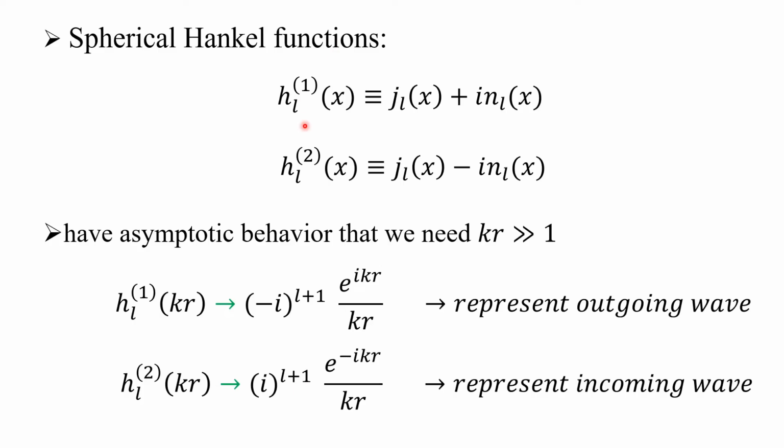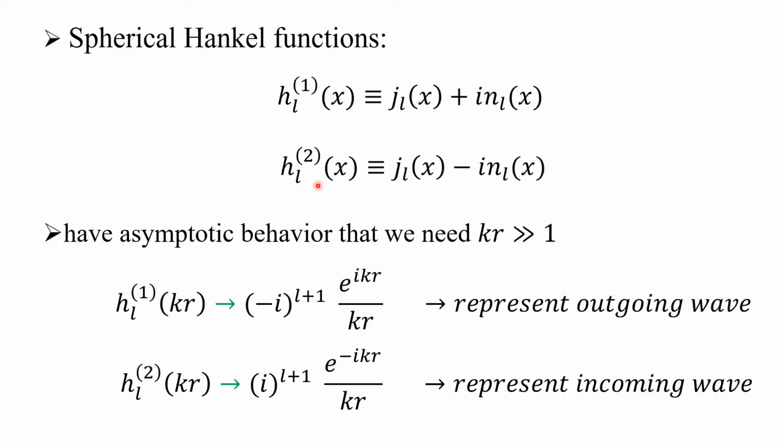There are two types of spherical Hankel function. h_l^(1), which represents the Hankel function of kind 1, is equal to j_l(x) plus i n_l(x).